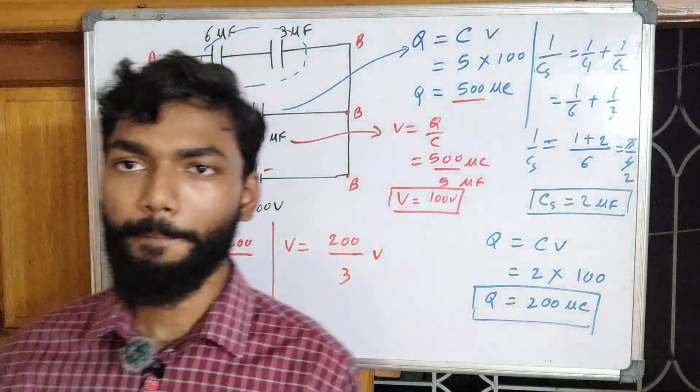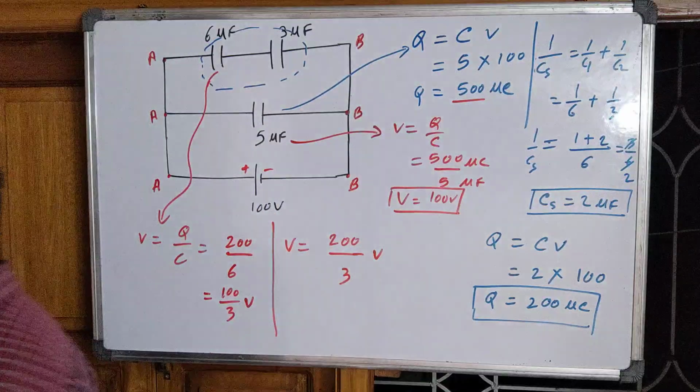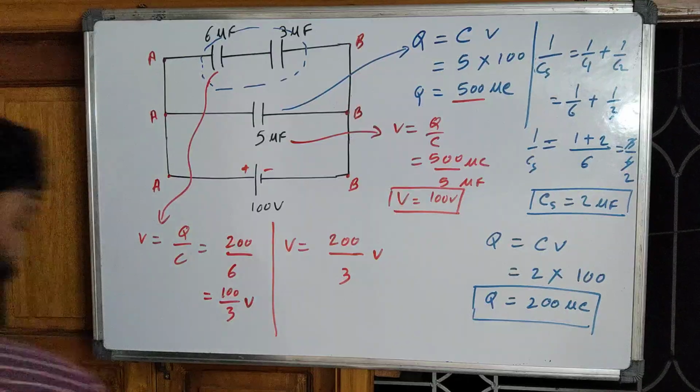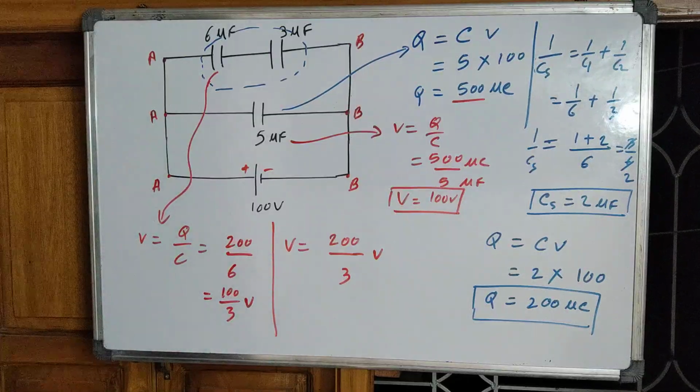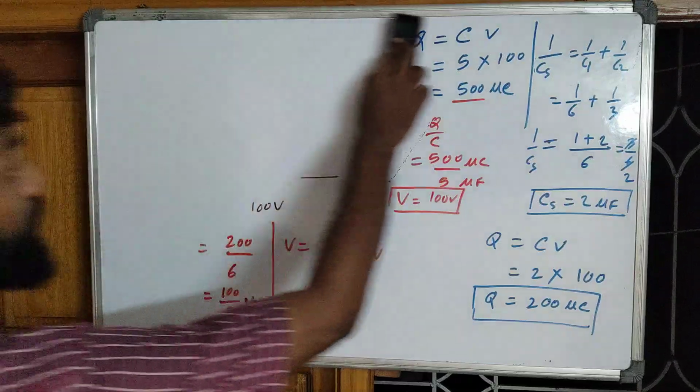The next problem says, you can note it down while I write it. C1 equals 3 picofarad, C2 equals 2 picofarad. Calculate the equivalent capacitance of the given network. Let's repeat the problem. C1 equals 3 picofarad.